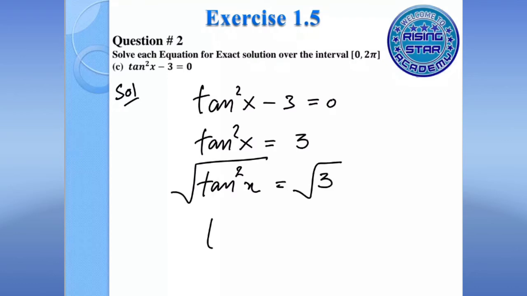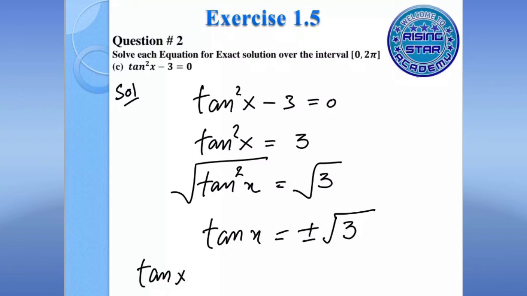So we have tan of x is equals to plus minus square root of 3. Now I would solve plus root 3 and minus root 3 separately. So we will write tan x is equals to plus root 3 and tan x is equals to minus root 3. Now we will simplify.